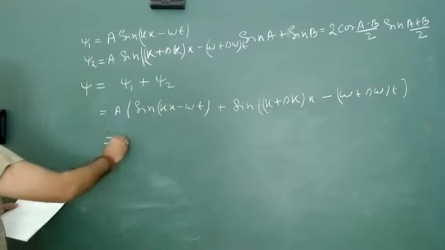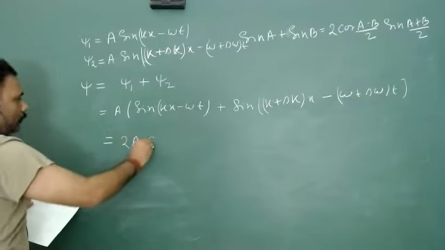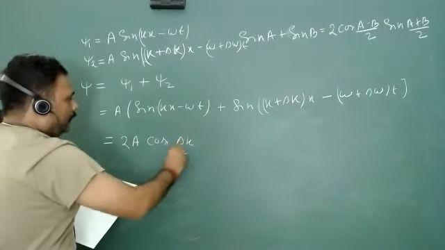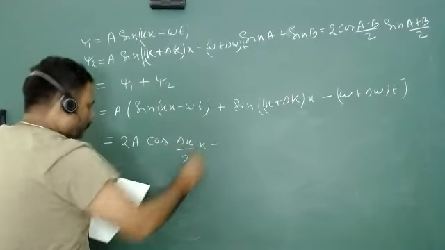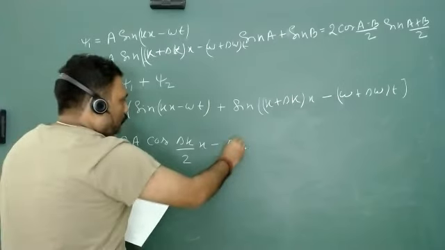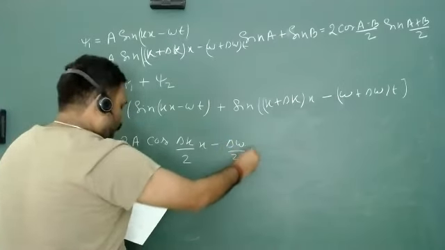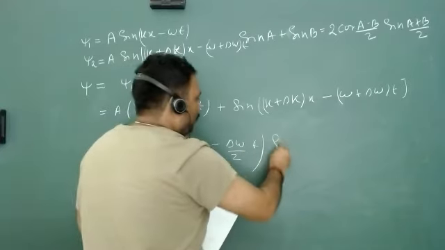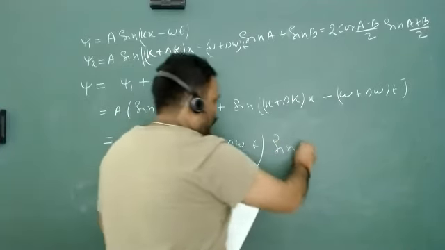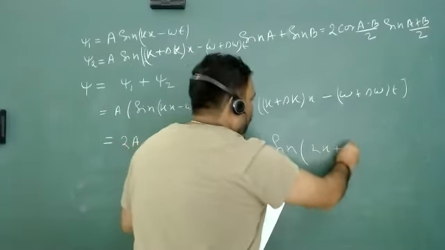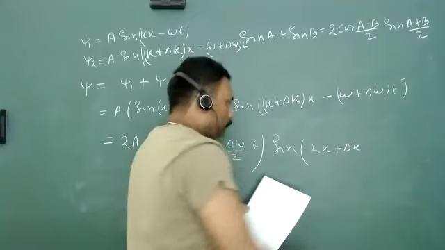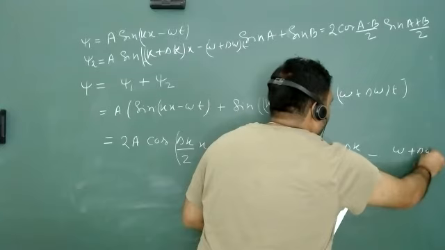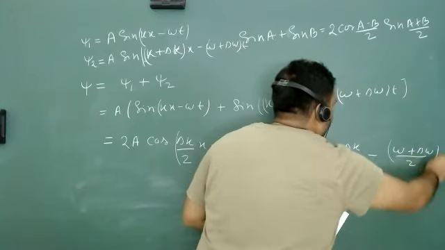So this will be 2A cos((delta k/2) x minus (delta omega/2) t), and the next term will be sin(((2k plus delta k)/2) x minus ((2 omega plus delta omega)/2) t).